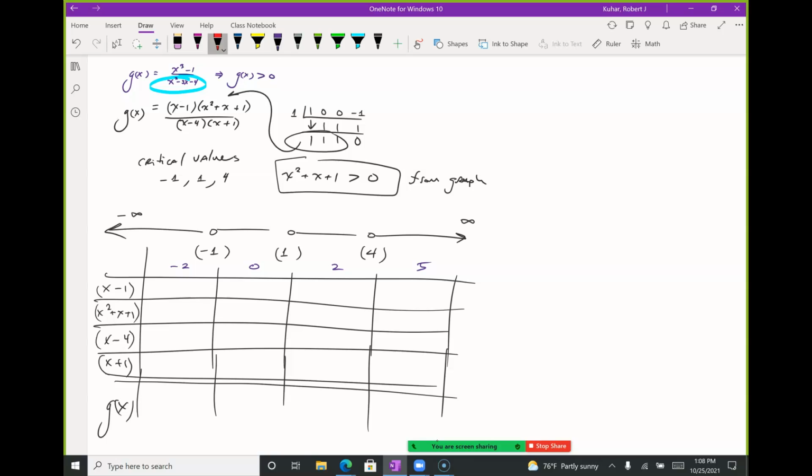So I'm going to plug my test value into each of my factors and see what kind of sign I get out. I get negative, positive, negative, negative. 3 negatives is going to give me a negative. So this piece I don't want. It's no good for me. I can't let a number go into my function that's less than -1. It will then give me the ln of a negative, and I can't do it.